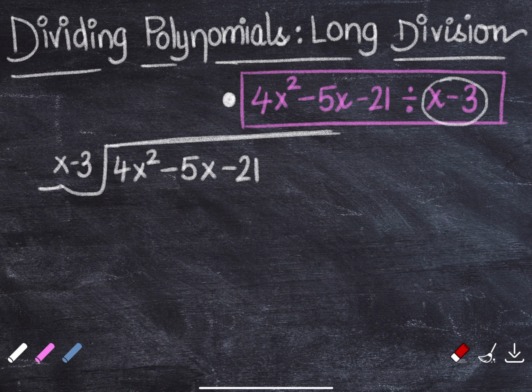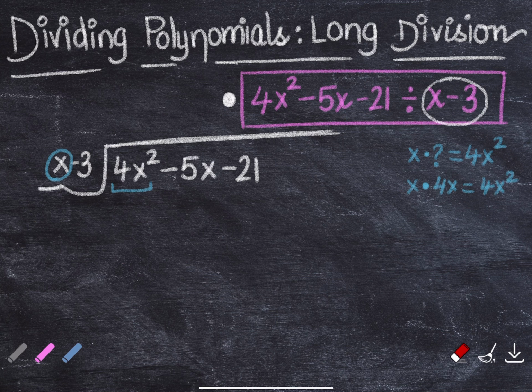Now basically how we start, students, is we have this first letter x. What should I multiply this x by to get 4x squared? I hope you agree with me that if I multiply this x by 4x, I will get 4x squared, right?